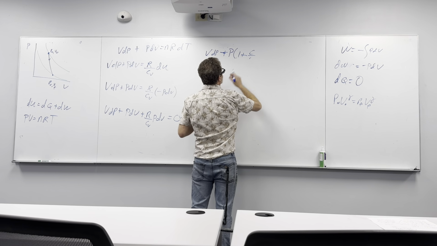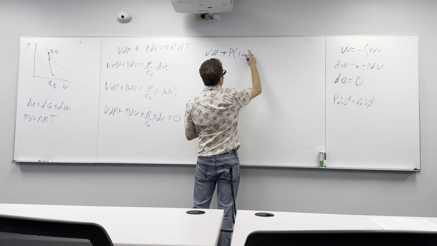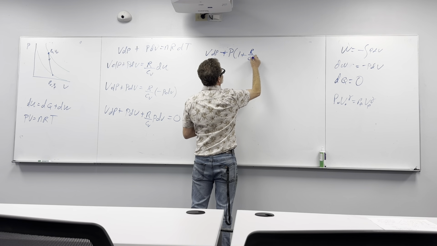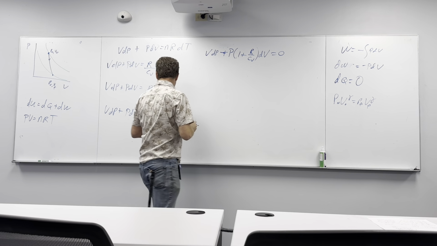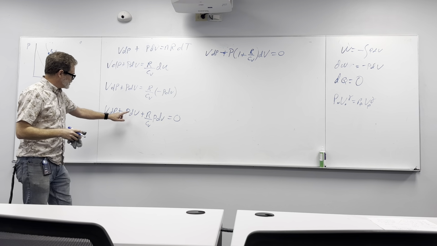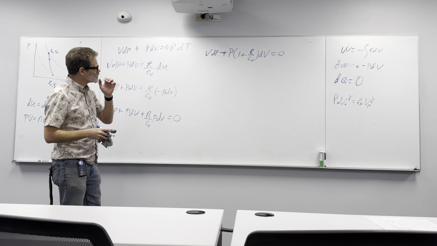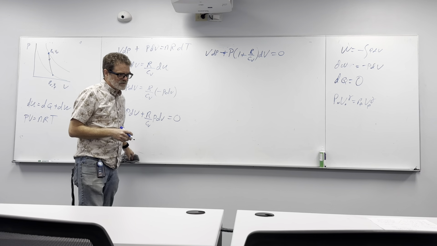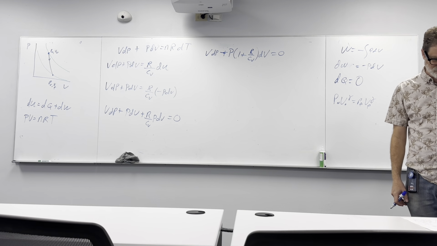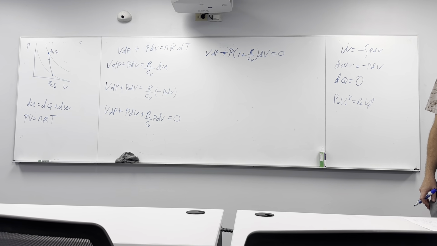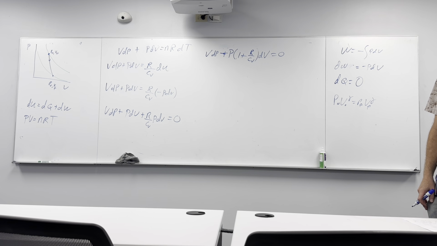Can you factor out the dV too? Yeah, I'm going to put that on the end because I like the dV's on the end. Okay. Right, so I just factored out the P here and the dV. Now I want to eventually integrate this thing, right?